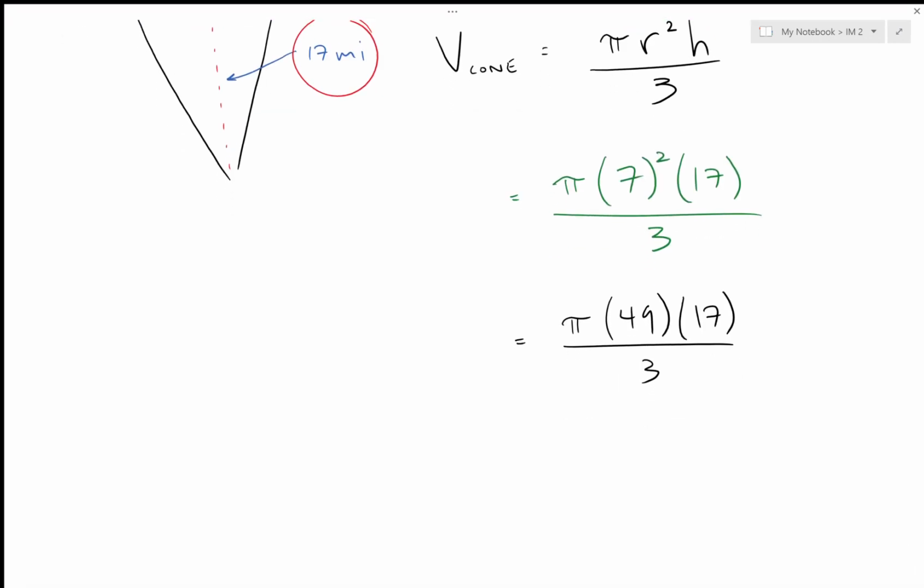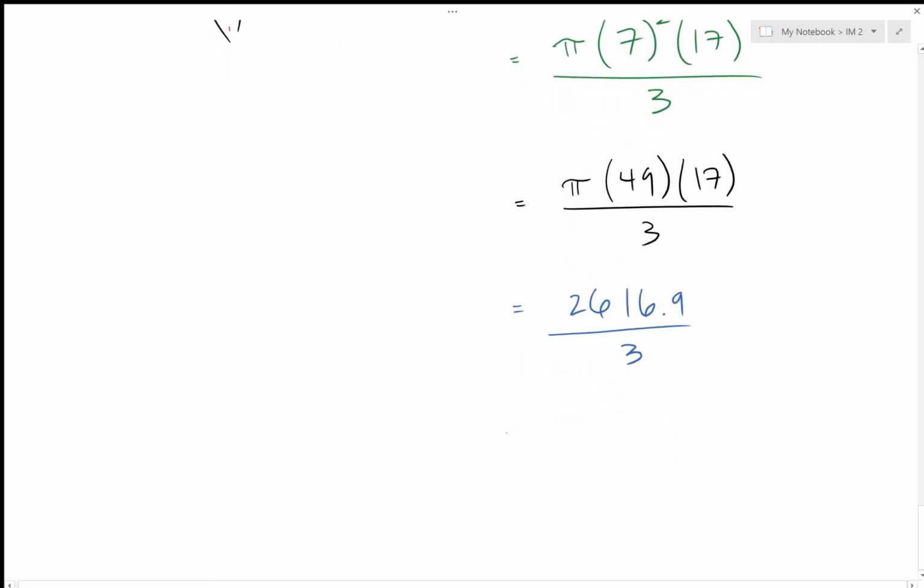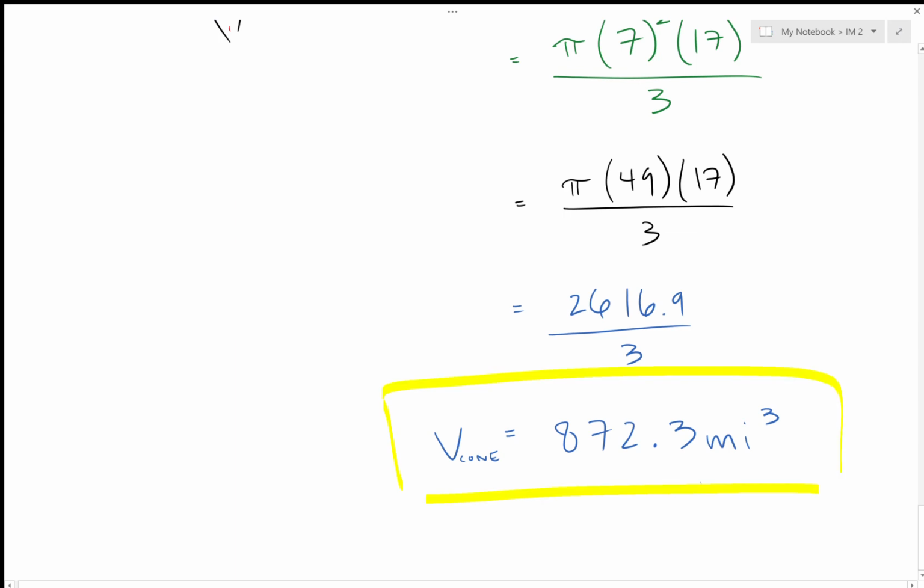I would go to the calculator now, multiply pi, 49, and 17 together, and you get 2,616.9 over 3. And then finally divide that number by 3, and you get 872.3, and then units, miles cubed, because this is a volume problem. So we're looking at how much fills inside of that cone.